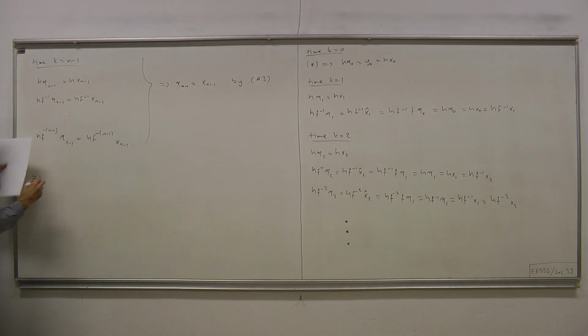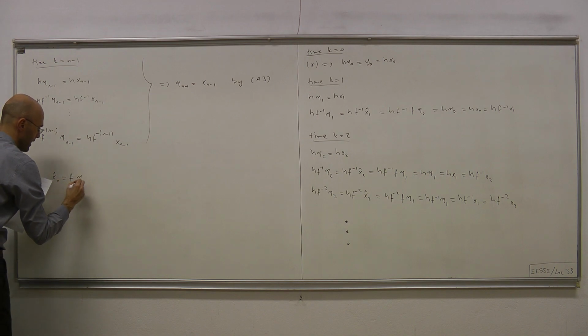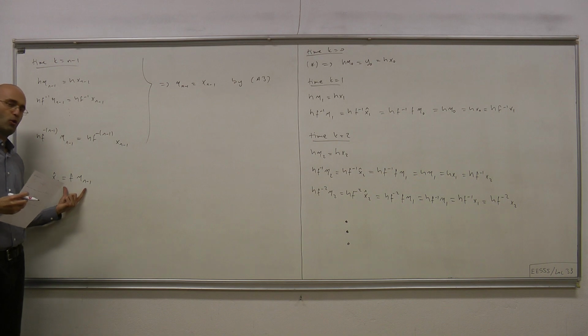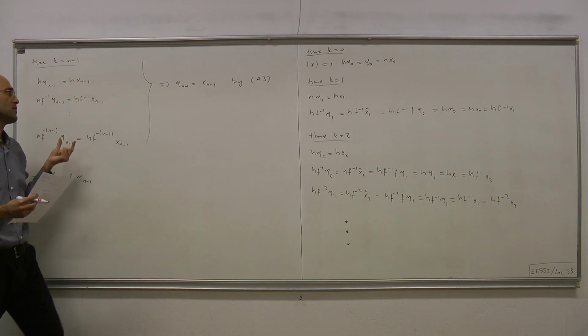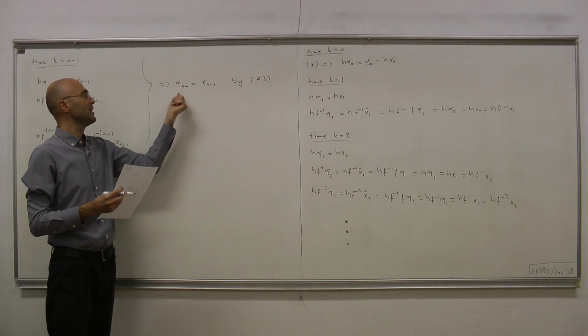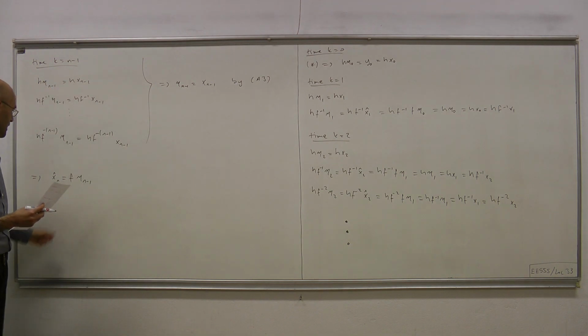Therefore, x n hat equals f of eta n minus 1. So this is the observed dynamics. Eta n minus 1 is computed solving this set of equations, and we have shown that the solution to that set of equations is x n minus 1.